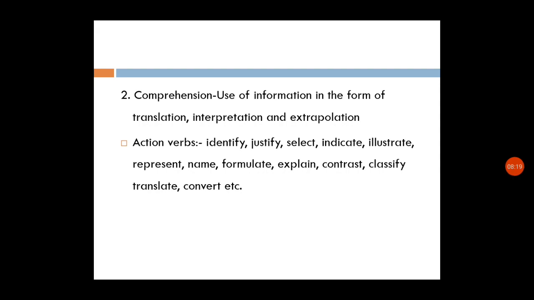Like instead of fire, I am using any other term, maybe in English or Malayalam or any other language, because I know the meaning of fire and other names for it. That is translation.